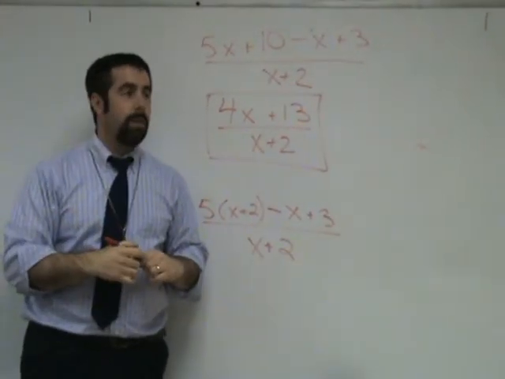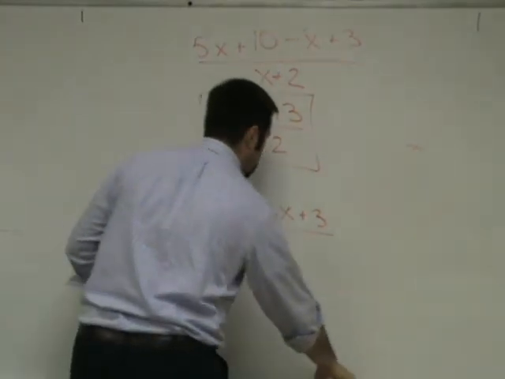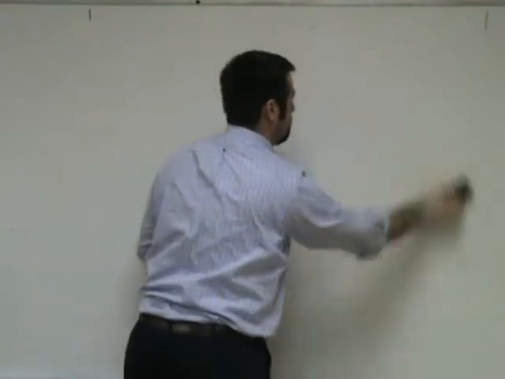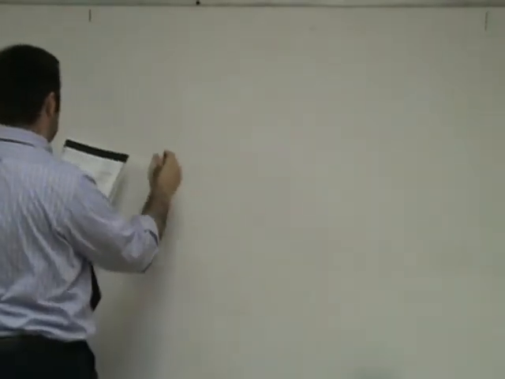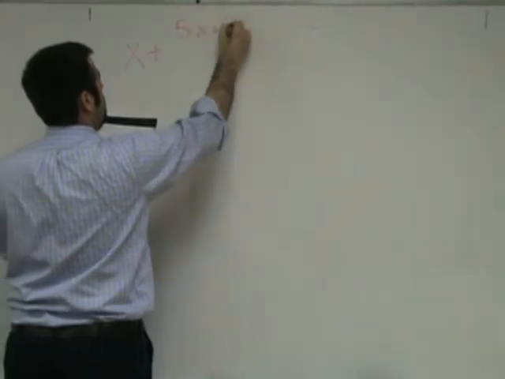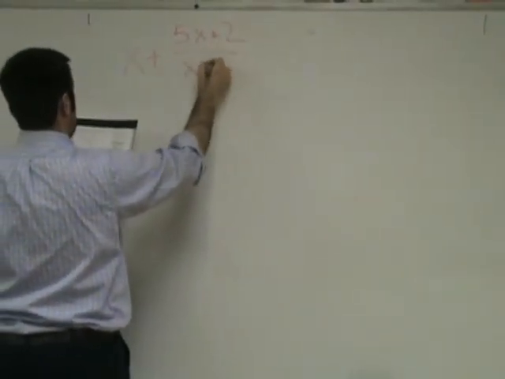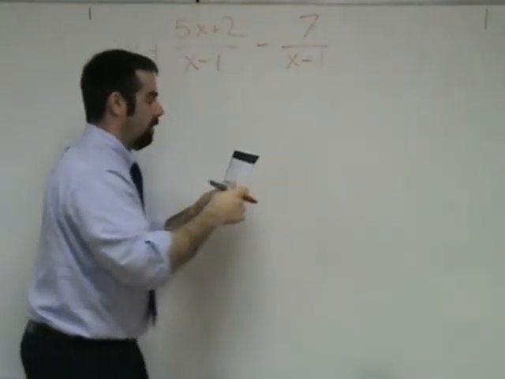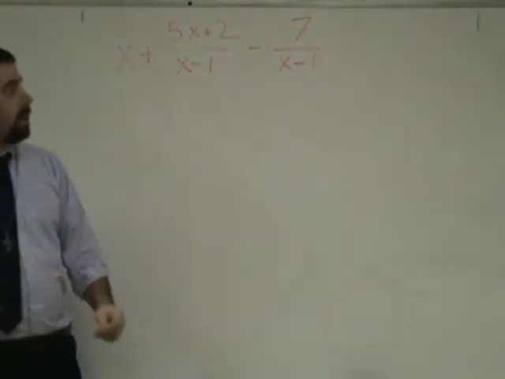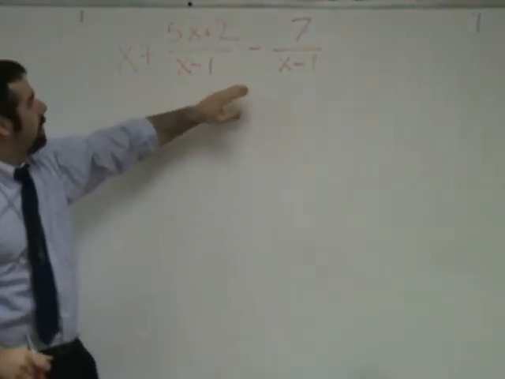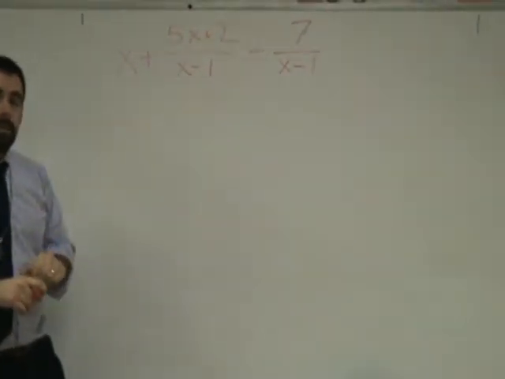Let's look at one final example. What do we do if we have 3 fractions? All right, so here I have x plus 5x plus 2 over x minus 1 minus 7 over x minus 1.